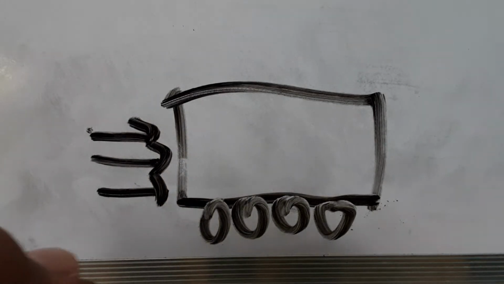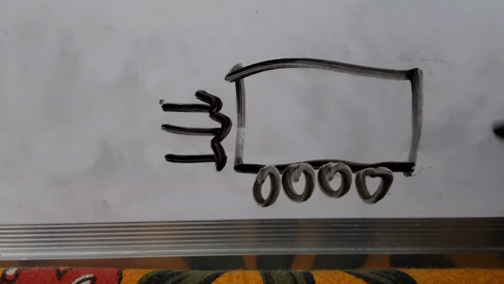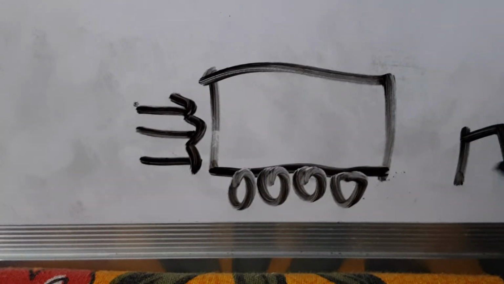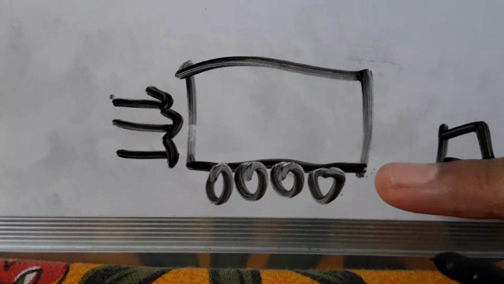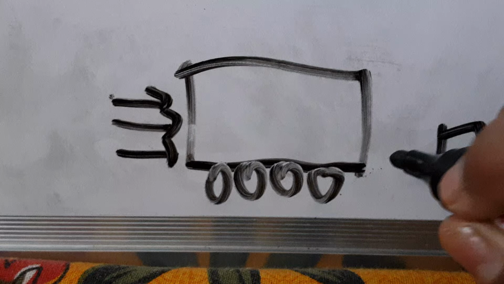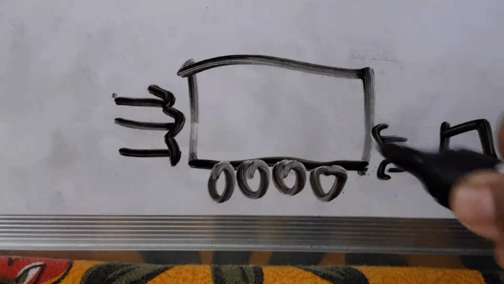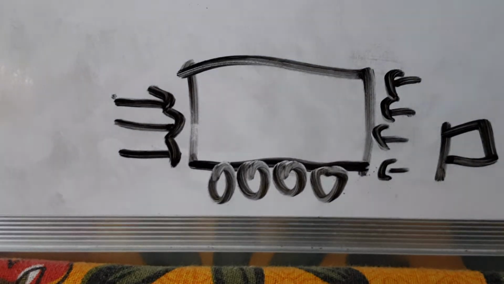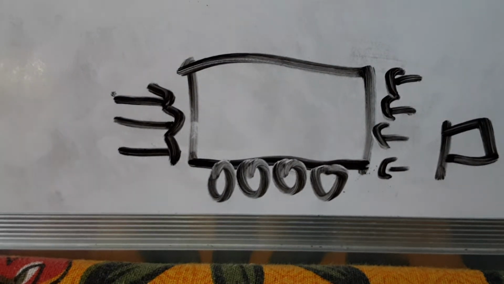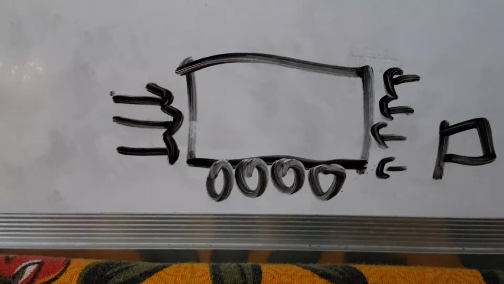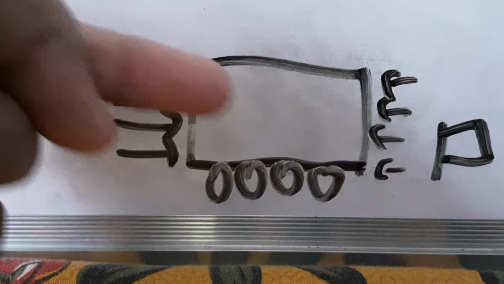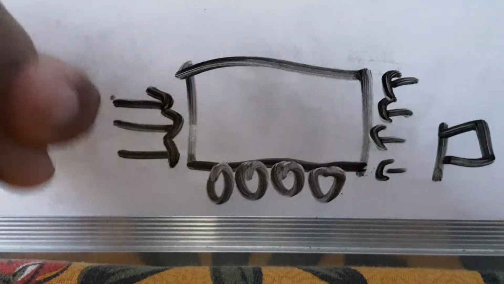But suppose there is some kind of obstruction here. Suppose there is another bus and it needs to stop. So it makes a force on the opposite side. There are two forces acting, and this bus was moving on that side and was not accelerating.